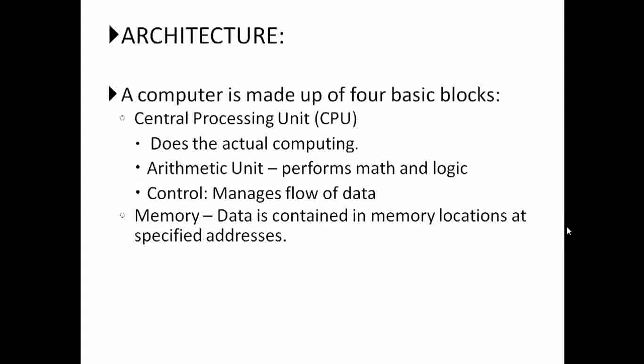Memory is nothing but the data contained in it. And as we have already discussed, RAM and ROM, both the temporary storage device and the permanent storage device, have locations that are shared and needed to store the data.